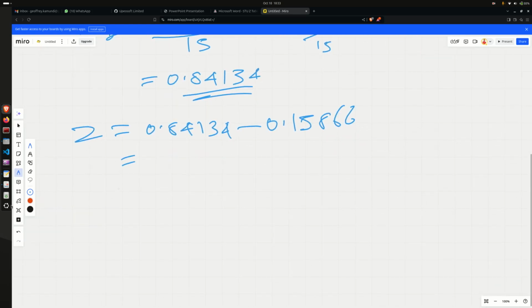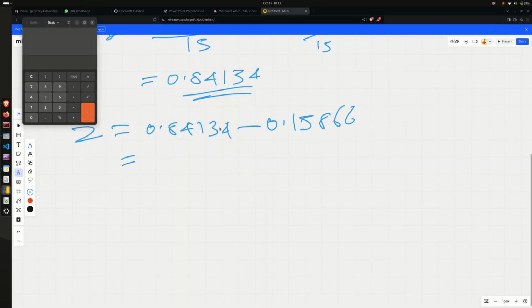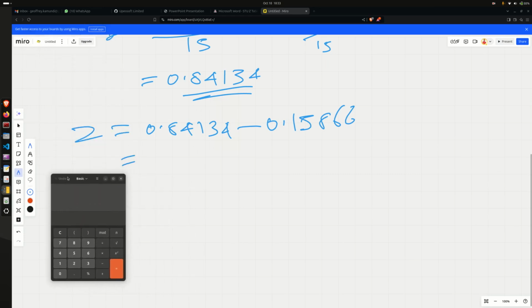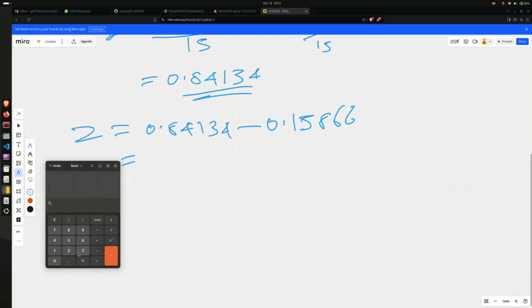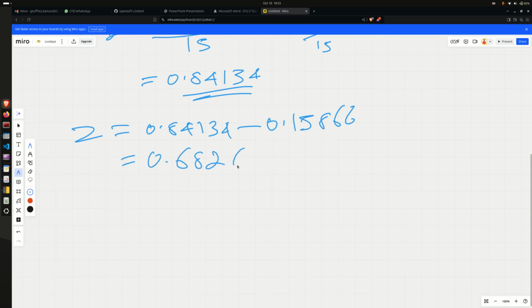We need to pull out our calculator. Here you go. So 0.84134 minus 0.15866 equals, this is giving me 0.68268.